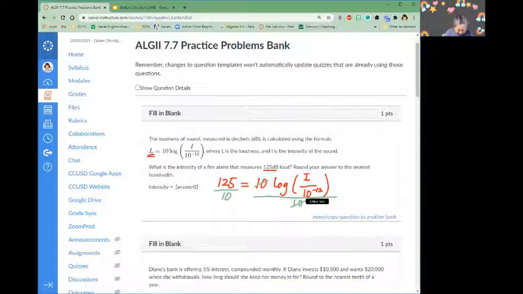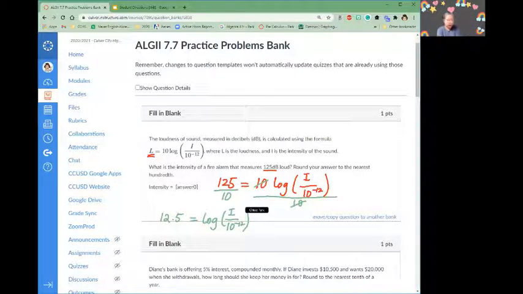Then 125 divided by 10 is 12.5. Then this is log of I over 10 to the power of negative 12.